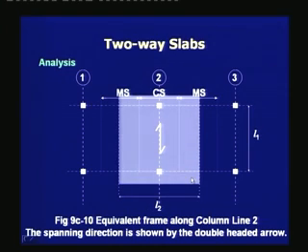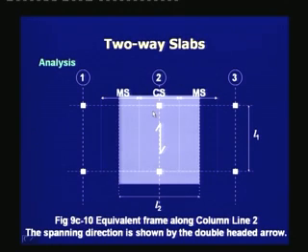The span in a certain bay is denoted as L1 and the width of the equivalent frame is denoted as L2. The width runs from the center line of one bay to the center line of another bay. The shaded part is the equivalent frame along column line 2.